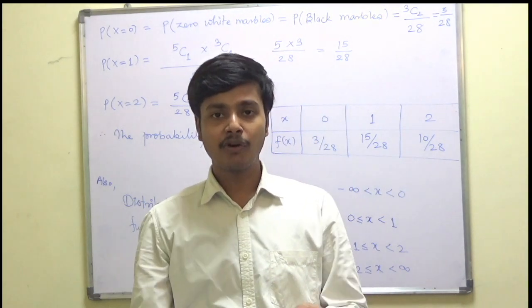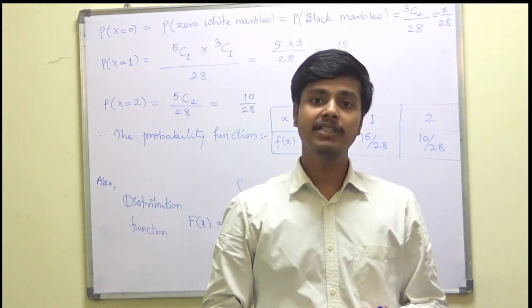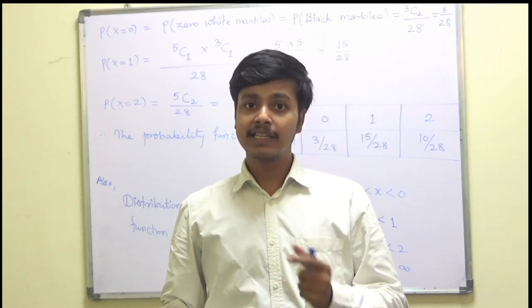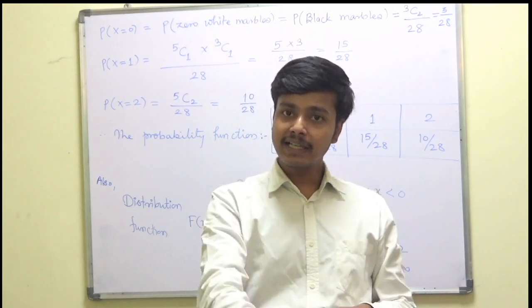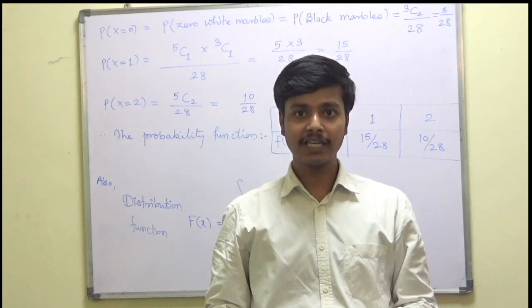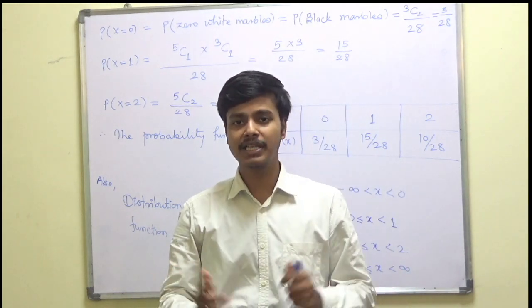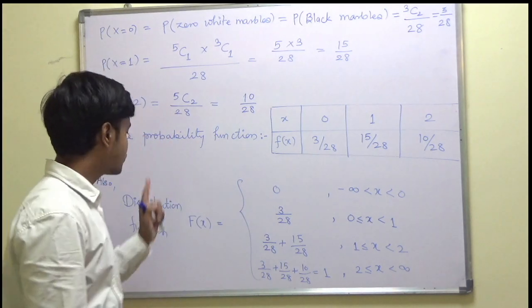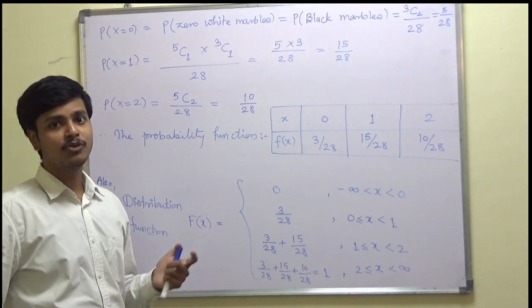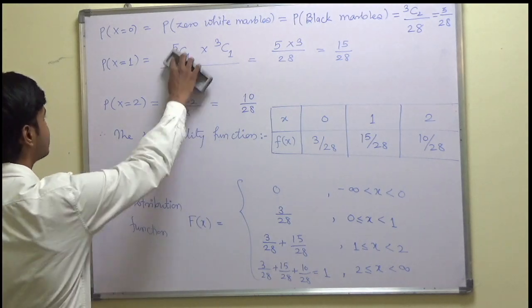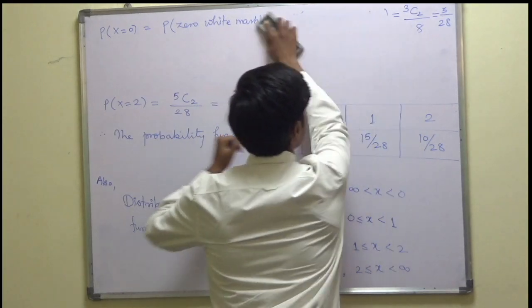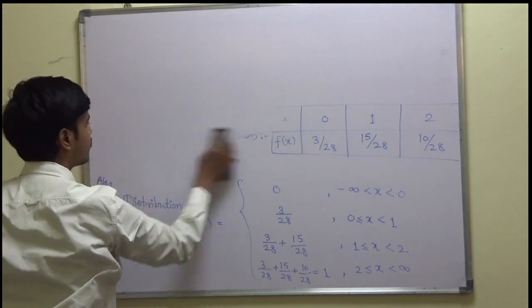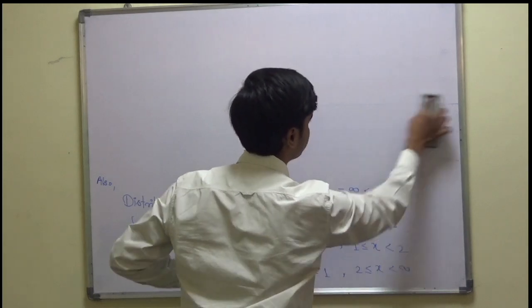Suppose you have a bag of 8 marbles, and with replacement means you take out 1 marble, put it again in the bag, and then take out another marble. Let us see what the probability function and distribution function are when the marbles get replaced. So we'll solve the same problem with replacement.